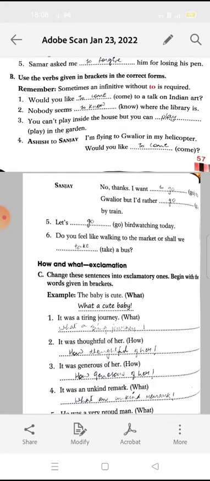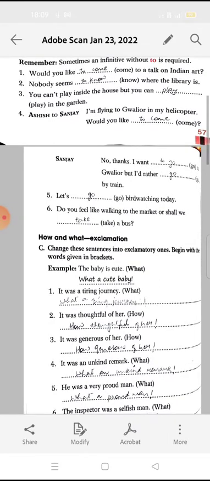Ashish to Sanjay: I'm flying to Gwalior in my helicopter. Would you like to come? Sanjay: No thanks. I want to go to Gwalior, but I would rather go by train. Phrases like would rather, they also don't take to. They are also used without to.